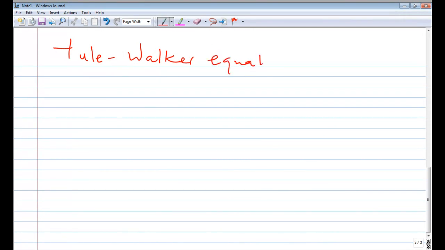So in other words, you are going to have equations that will help you to calculate the autocorrelations without calculating the autocovariances.